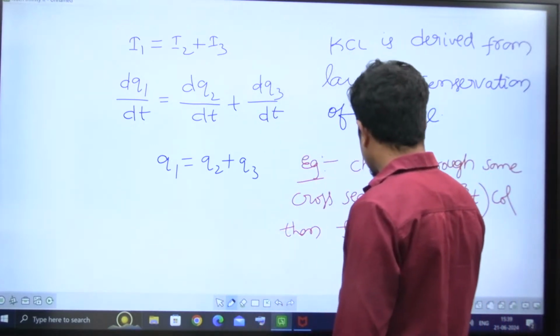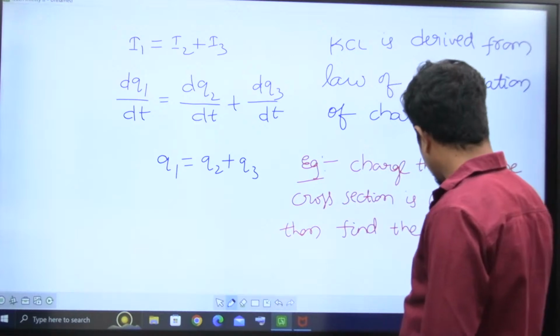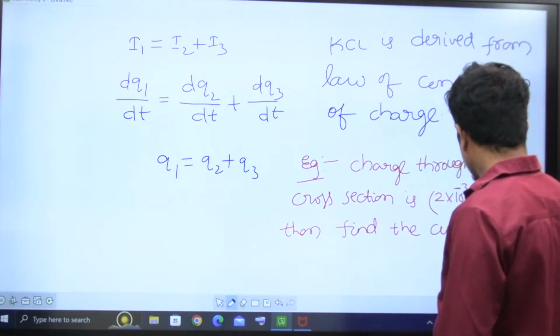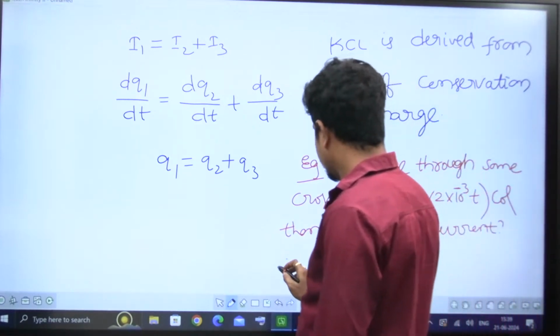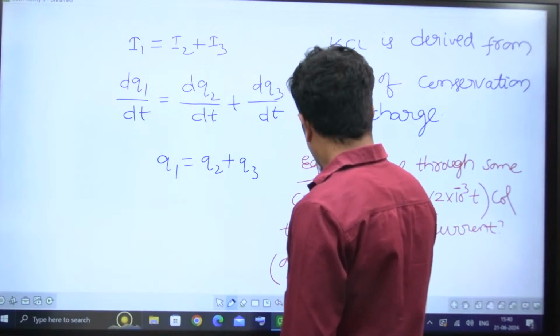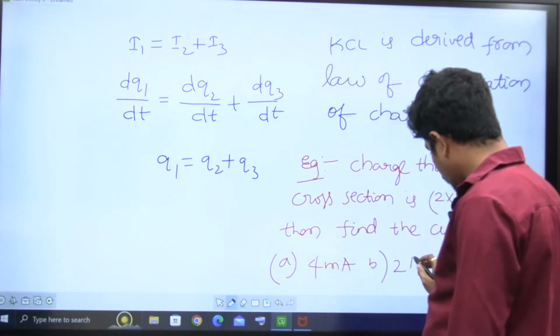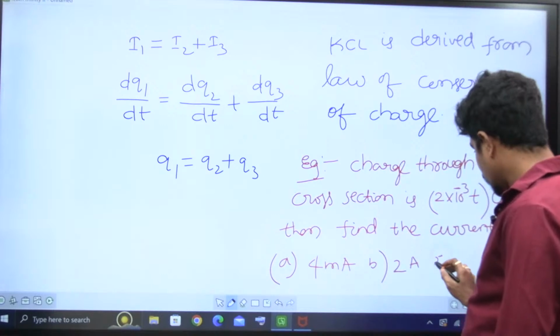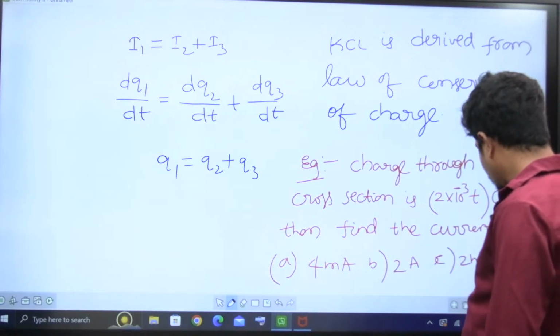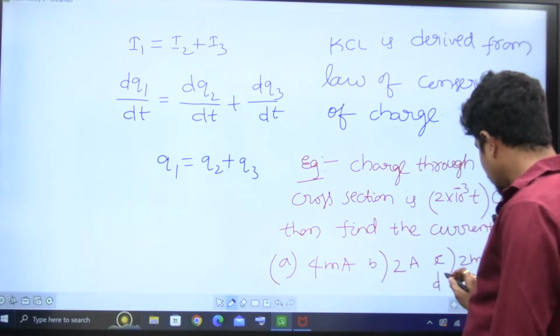Find the current. The options are: 4 milliamperes, 2 amperes, option C is 2 milliamperes, option D is none.